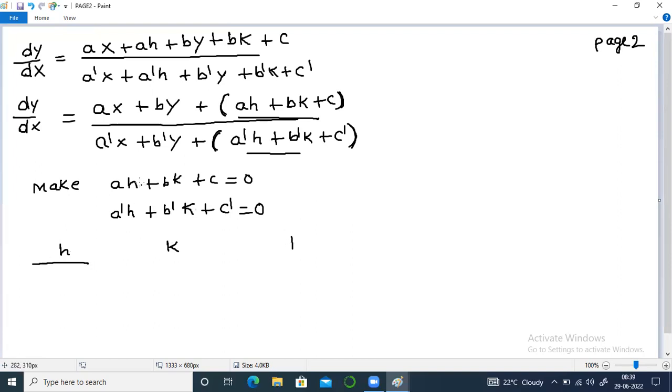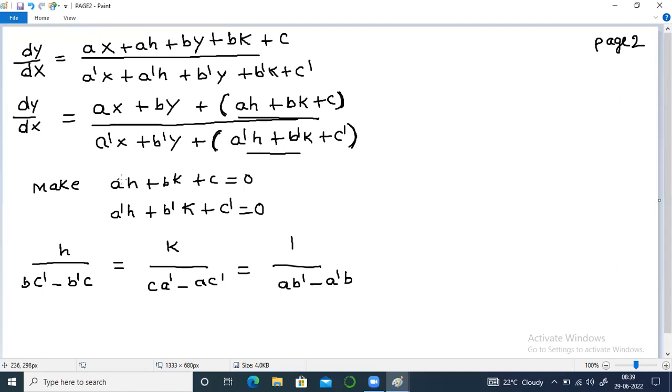If you put h over this term, bc' - b'c, like this, arrow down to arrow up, cross arrows, bc' - b'c, is equal to k over, this is the middle, so c from here to a', ca' - ac', is equal to 1 over this term, ab' - a'b.